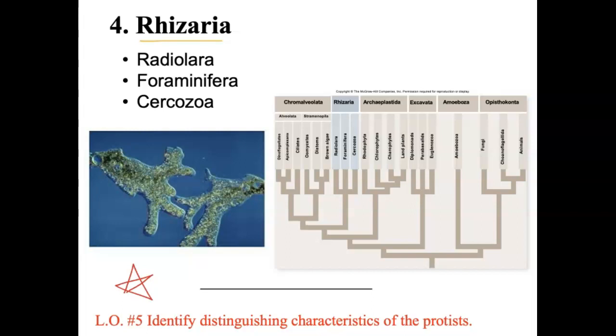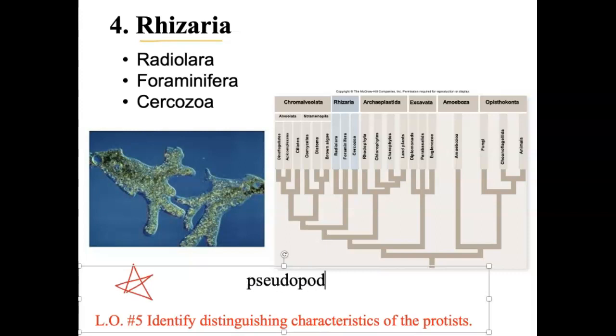What makes Rhizaria different than the other supergroups we've looked at? And our big key feature here to be in Rhizaria, the organisms will use these things called pseudopods for locomotion.